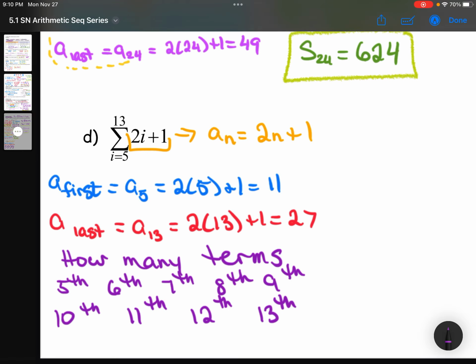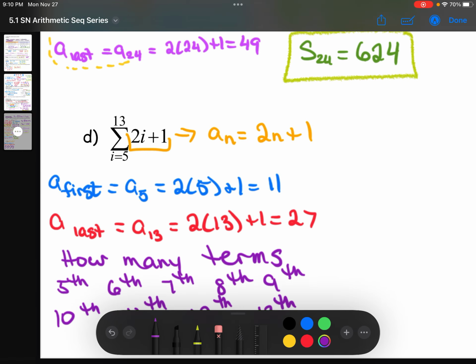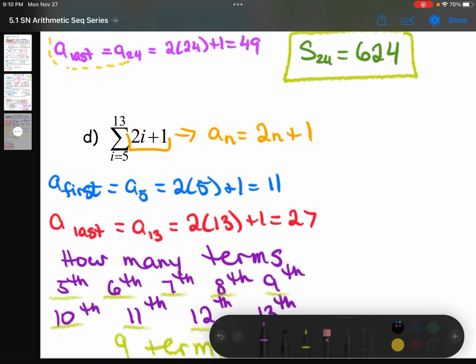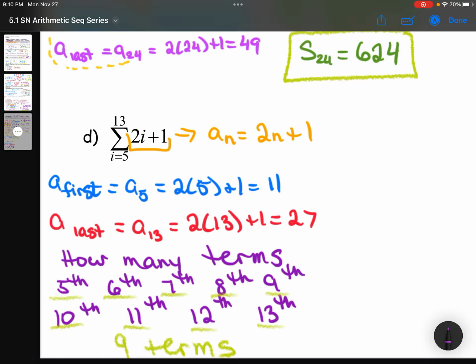So how many terms are there? If we count these, there's 1, 2, 3, 4, 5, 6, 7, 8, 9. There are 9 terms. Now, you're thinking, but 13 minus 5 is 8.